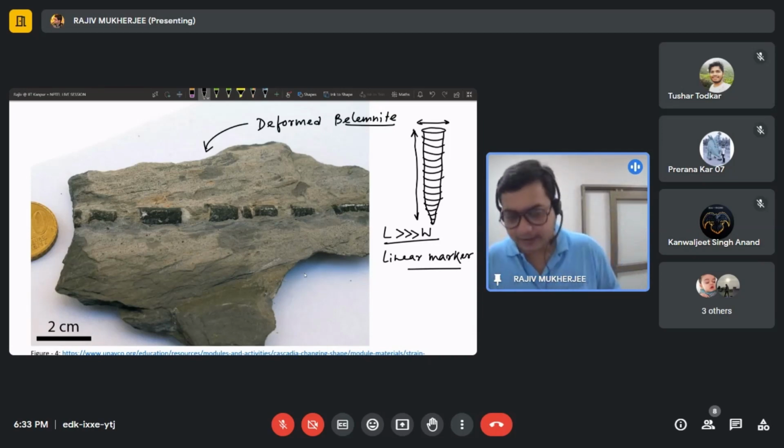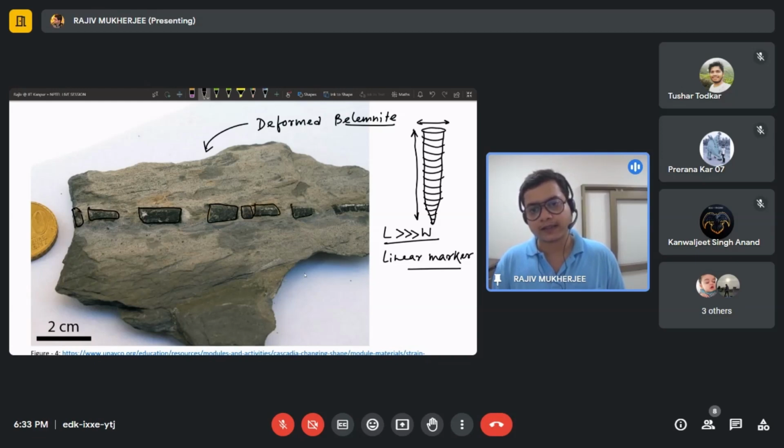It remains as a fossil, and when the entire rock is being stretched, the belemnite, being a stiffer material, is fragmented into different parts. So we can see that these are the different fragments. This is one fragment, this is another fragment, this is another fragment, right? And so on.